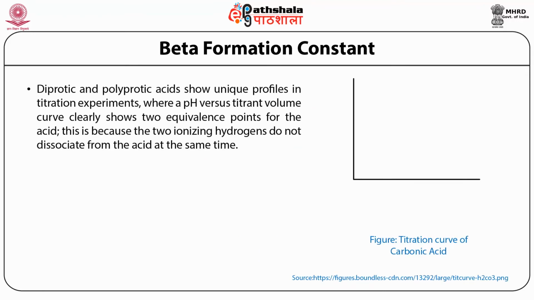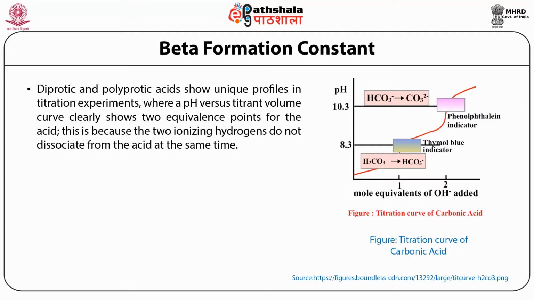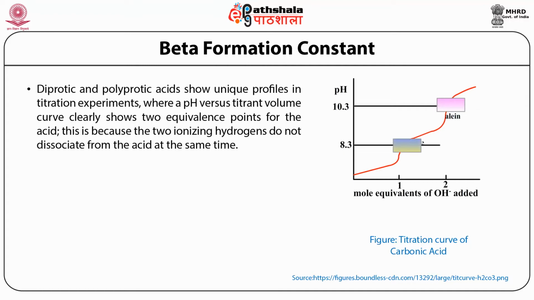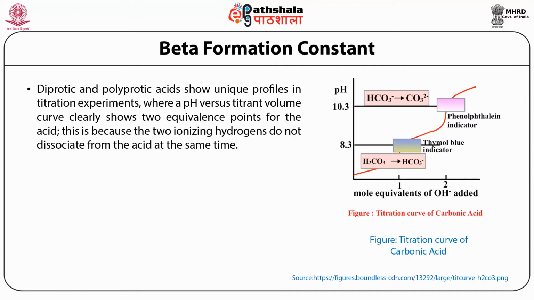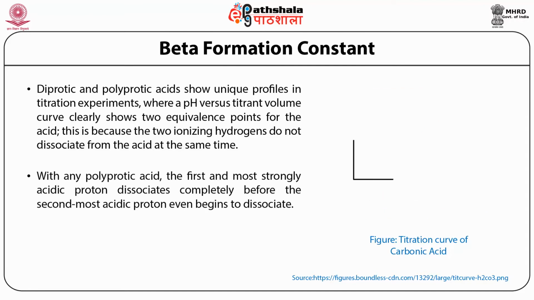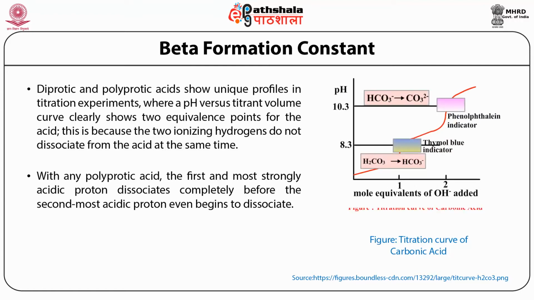Diprotic and polyprotic acids show unique profiles in titration experiments, where a pH versus titrant volume curve clearly shows two equivalence points. This is because the two ionizing hydrogens do not dissociate from the acid at the same time. With any polyprotic acid, the first and most strongly acidic proton dissociates completely before the second most acidic proton even begins to dissociate.